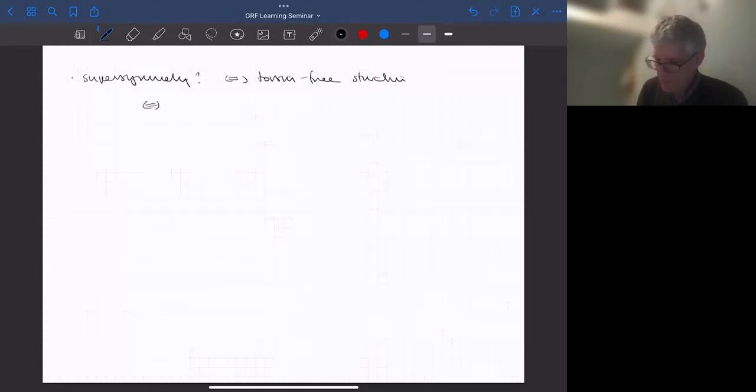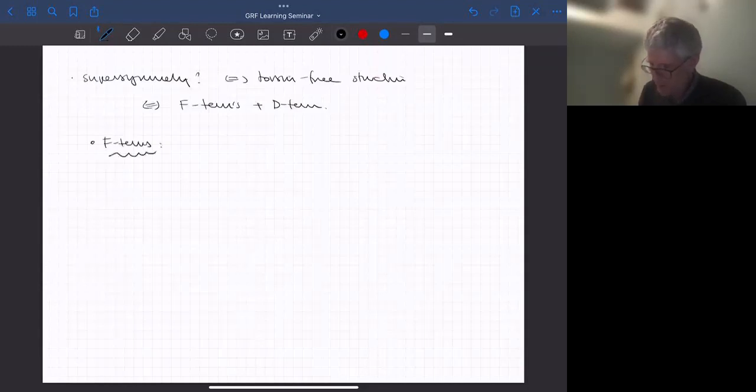And from the motivation we had before, we should be able to describe it in terms of F terms and D terms. So let's start with the F terms. The F terms turn out to correspond to, you can think of them as a superpotential, but I'm not going to do it that way. It turns out that they correspond to some involutivity condition.